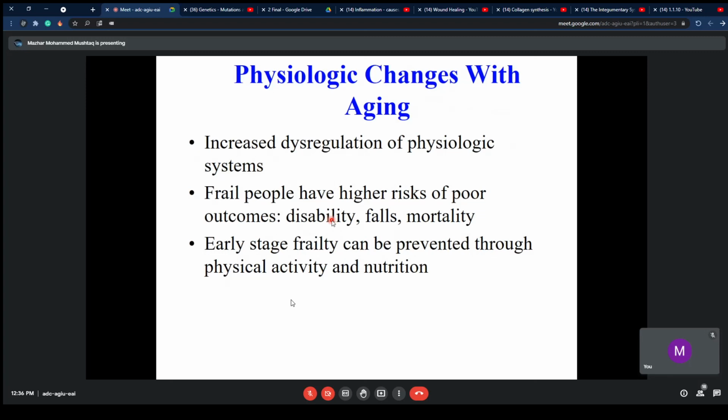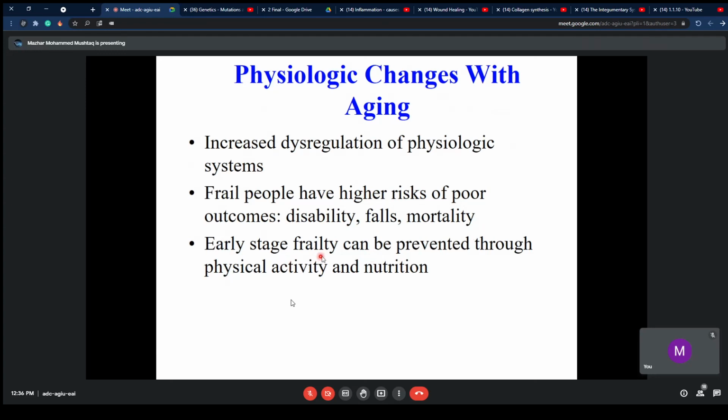So what are the physiological changes with aging? Increased dysregulation of physiological systems. Frail people have a high risk of poor outcomes, disability, falls, mortality. So as you get older and older, you have problems with these issues.